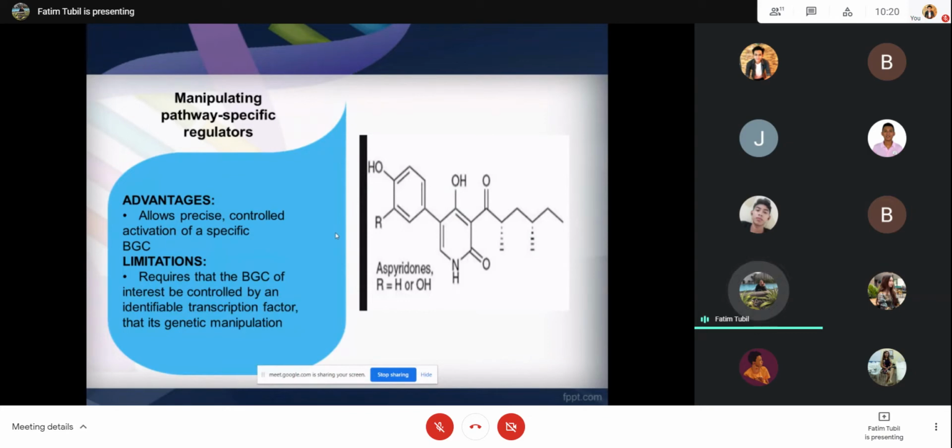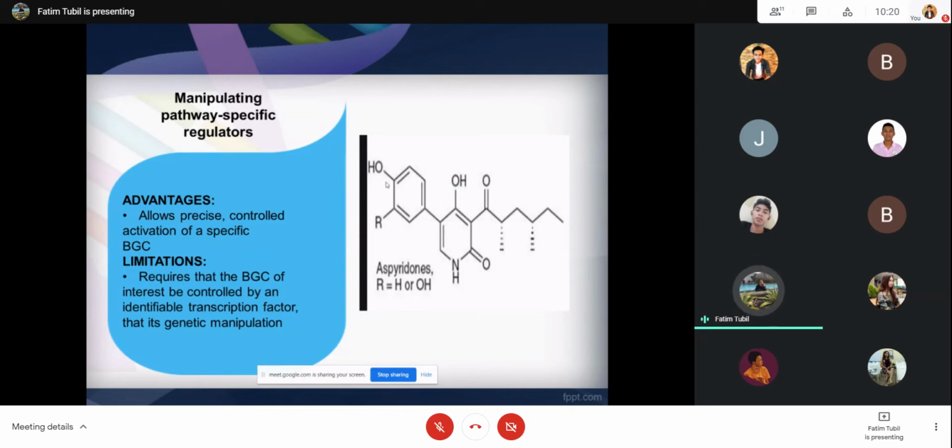The advantage is that it allows precisely controlled activation of site specific biosynthetic gene clusters. However, there are limitations. It requires that the BGC be controlled by an identifiable transcription factor that is amenable to genetic manipulation.